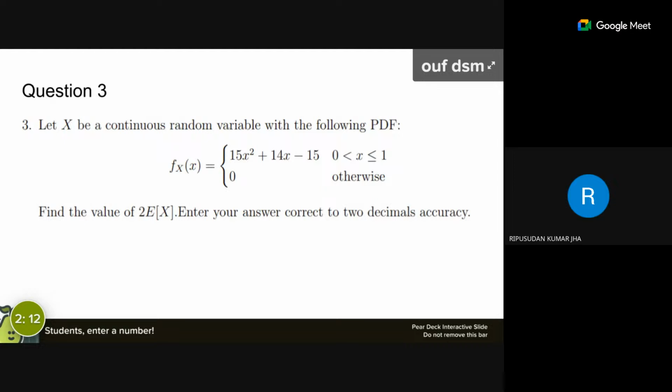Ma'am, in the place of gx, we have to put x, no? Yes.